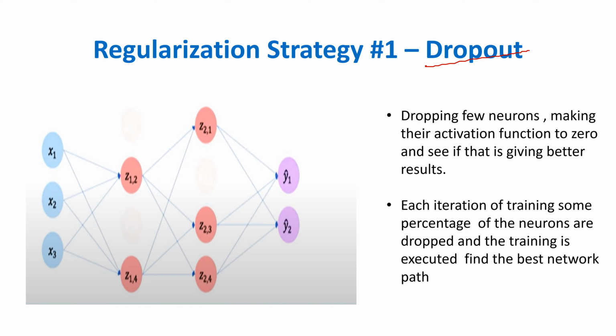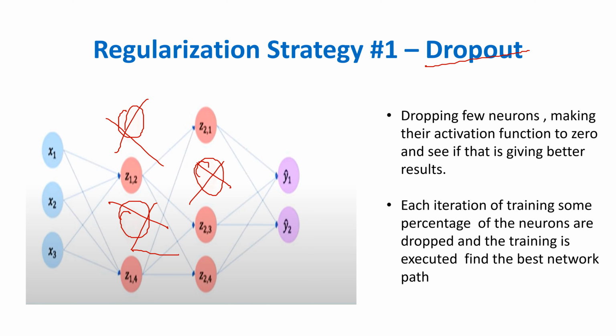One solution is dropout. Dropout is nothing but these faded out neurons. There are actually neurons here, but while training, we can drop out certain neurons and do the training.